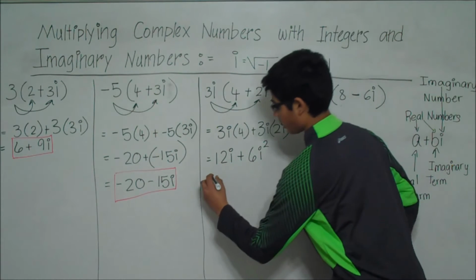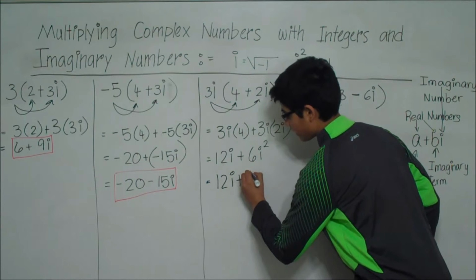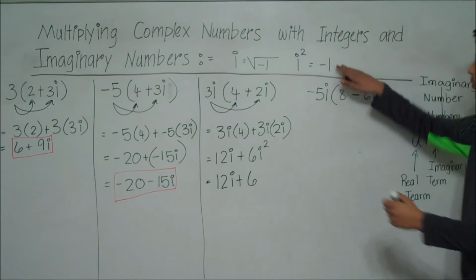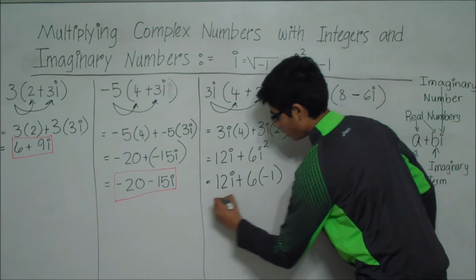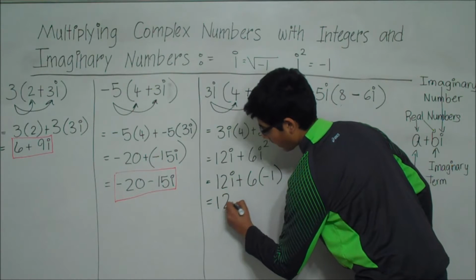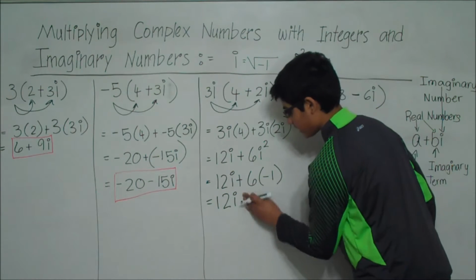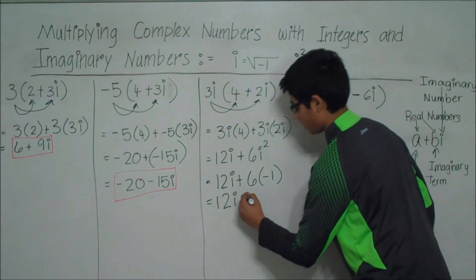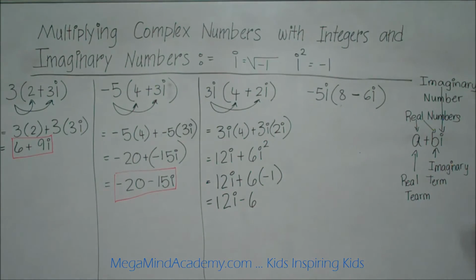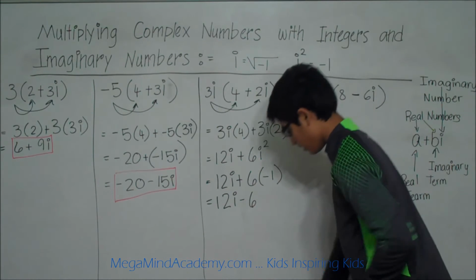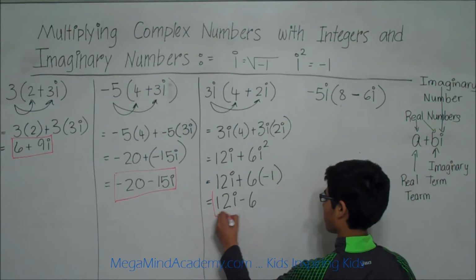So this is equal to 12i plus 6 times i squared, which is negative 1, which is equal to 12i plus negative 6, or minus 6, because plus and minus becomes minus. So the answer to this question is 12i minus 6.